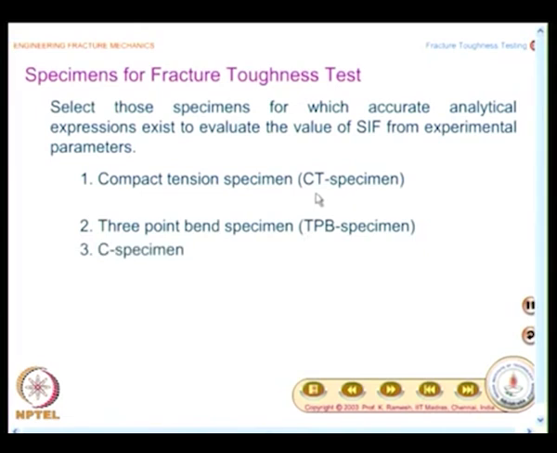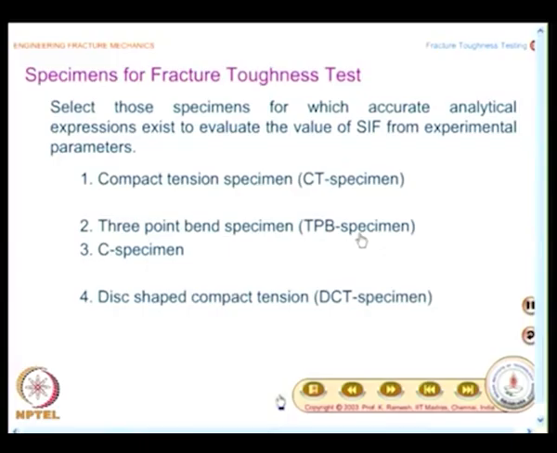We will also see a standard and say how these would be represented later. And you have a 3-point bend specimen, a TPB specimen. Then you have a C specimen and a disc shaped compact tension specimen.